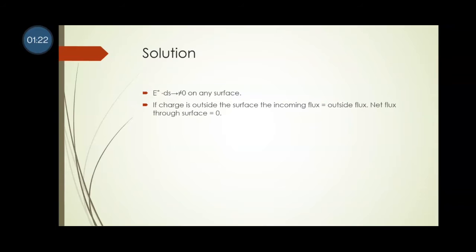Therefore, when you calculate net flux through the surface, you will get net flux value as 0. So in option D, the first part becomes right. Second one, if charge is inside, flux goes only one way. Therefore, it should have some value, that is q divided by epsilon naught. Therefore, option D is the right answer.